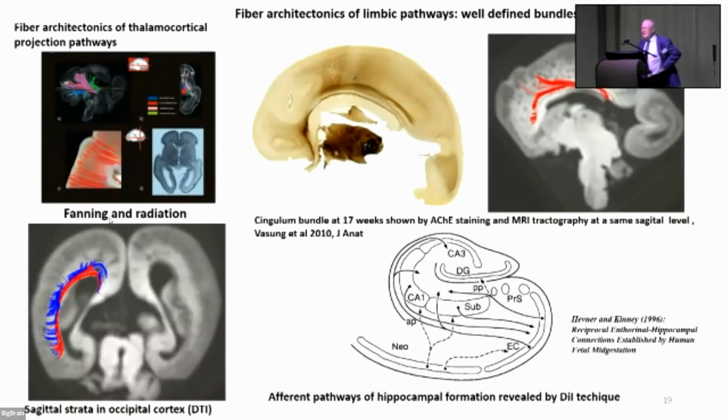But on the right, you see, that's on material of Susumu Mori from Hopkins and Dr. Huang, that the limbic pathways keep together, they form bundles. So there is something in limbic cortex, that is cingulate cortex, parahippocampal cortex, and hippocampus, that makes these bundles keep together, so they are real bundles.